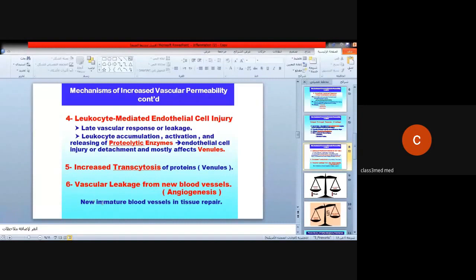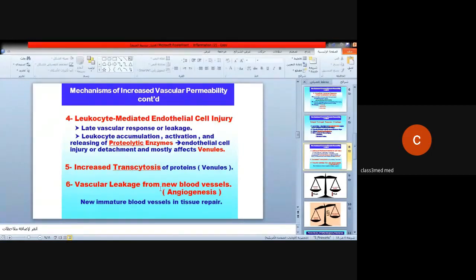So these new blood vessels have weak and delicate walls. They permit the fluid to leak from them until they become mature, then stop leaking. Okay? So these are 6 mechanisms of increased vascular permeability.